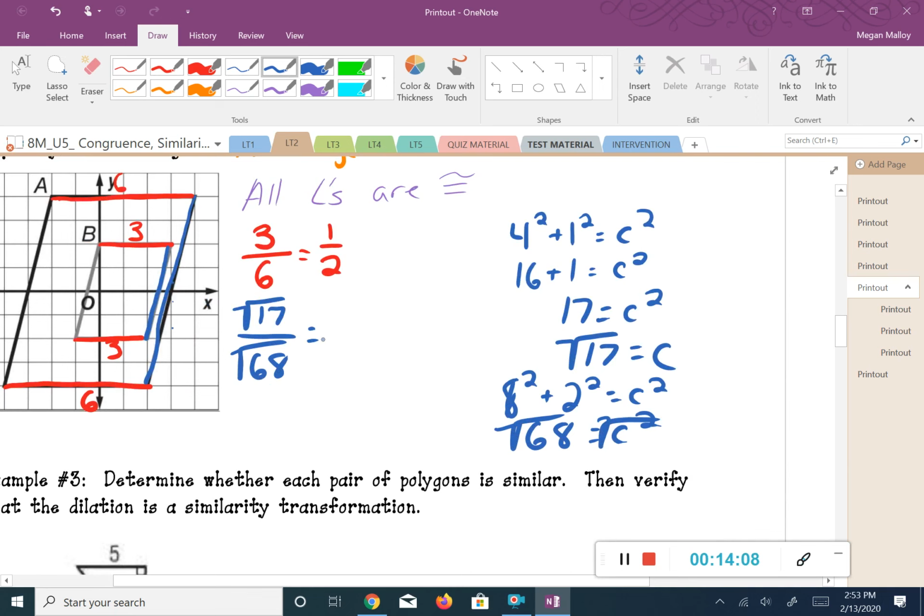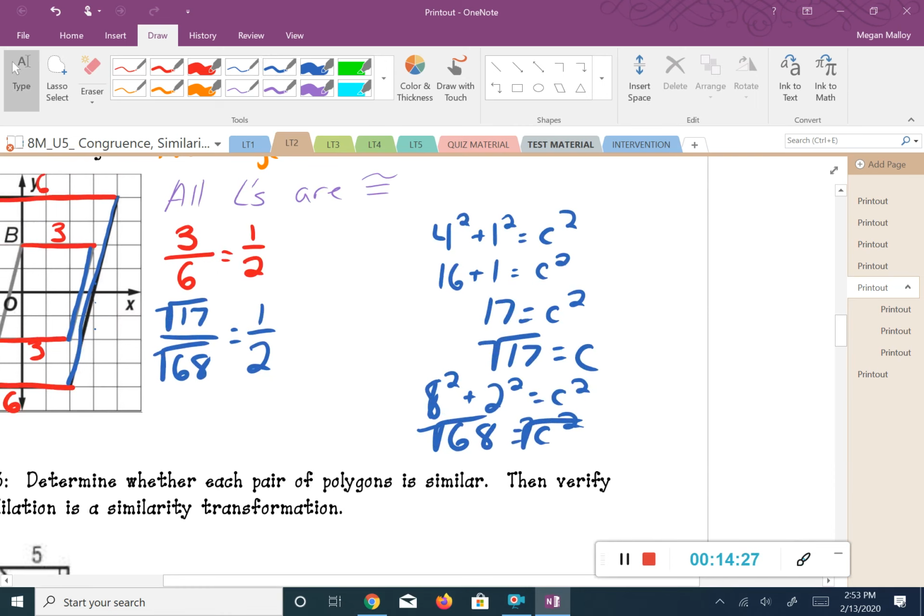So if I plug that into my calculator, the square root of 17 divided by the square root of 68, we get 0.5, which we know is equivalent to 1/2.